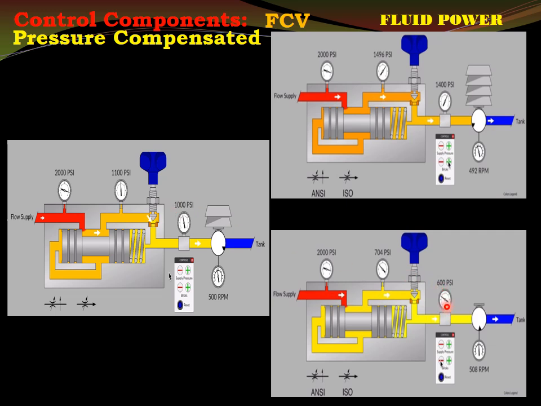From 1000 to 600, 400 drops. But since the speed remains constant because we have not changed this area, the pressure difference across it remains constant. You see here 600, here is 704 psi, means 104, almost constant.